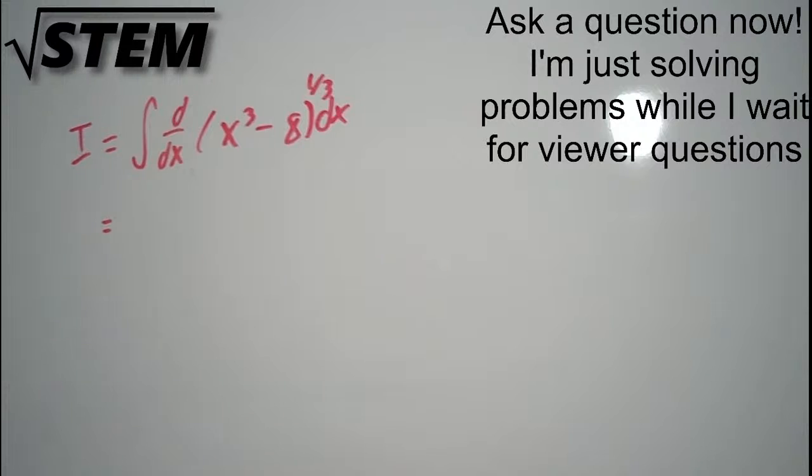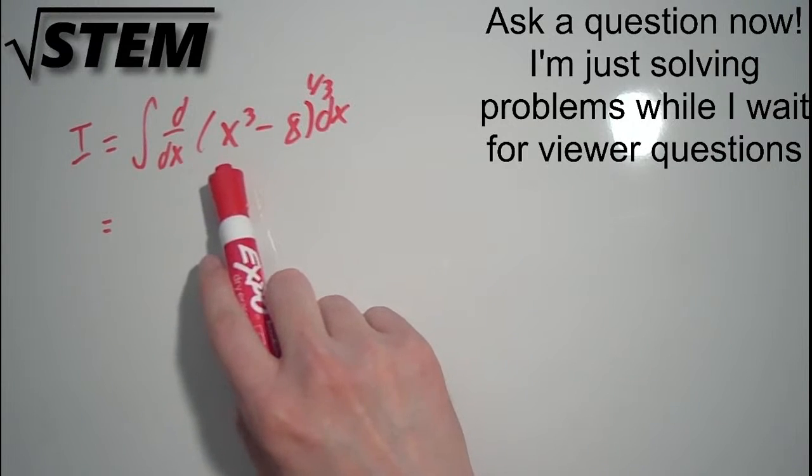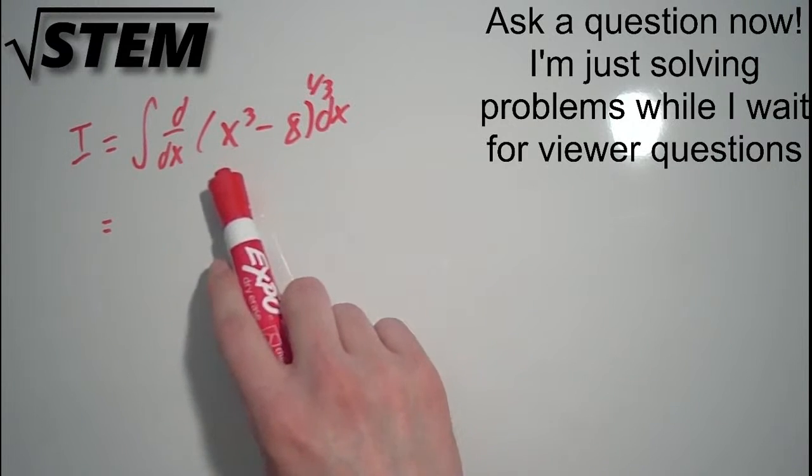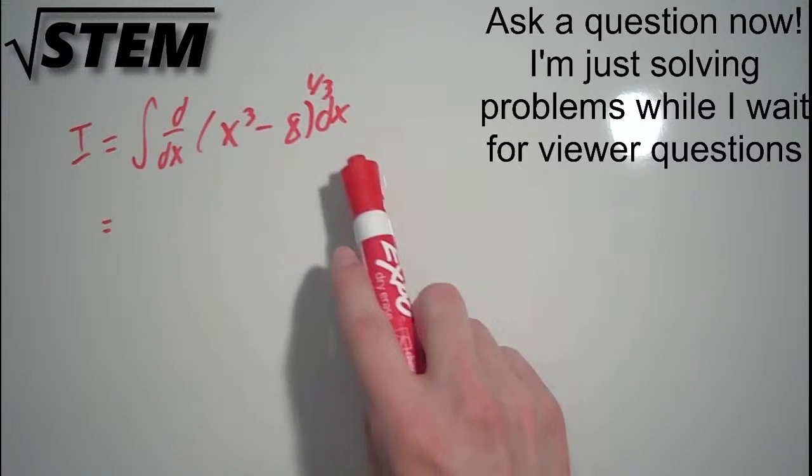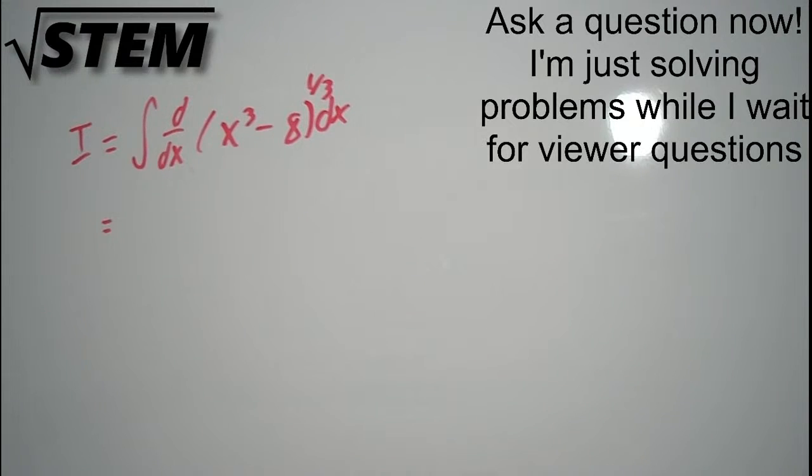Now the question is, should we try to take the derivative first or try to integrate first? I think we want to take the derivative first, because that's going to leave an x cubed inside the derivative, but it'll also give us an x squared. And then we can do a substitution to let u equal x cubed minus 8 and have du in terms of x squared dx.